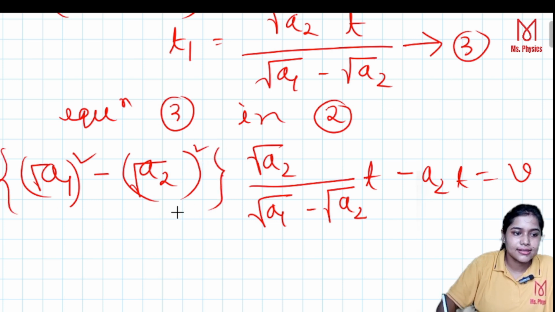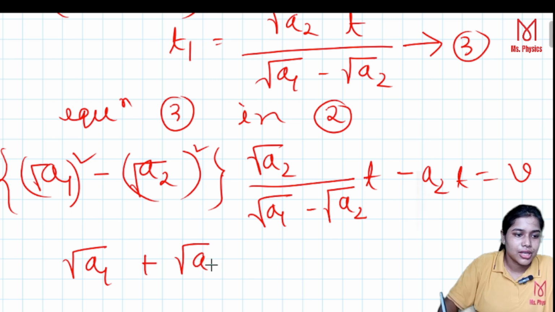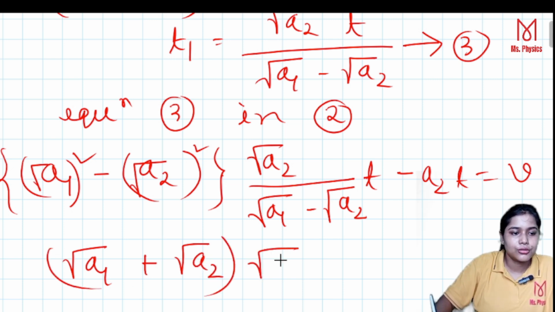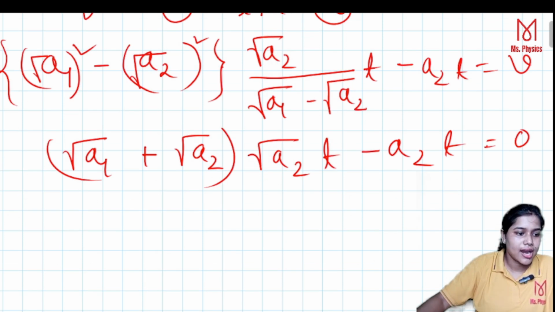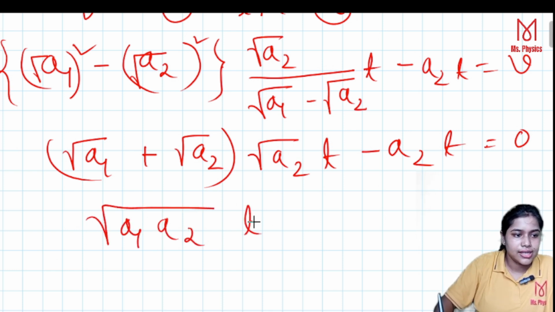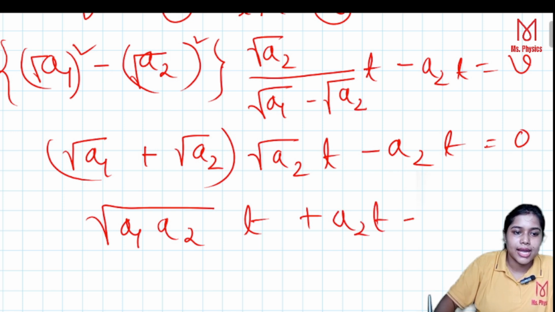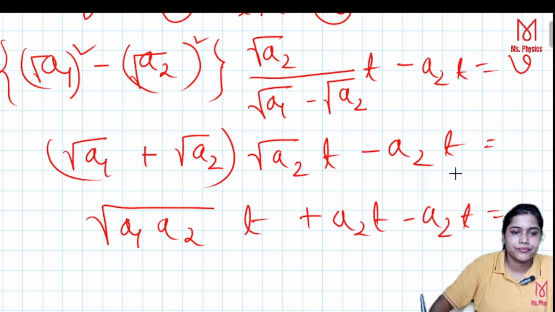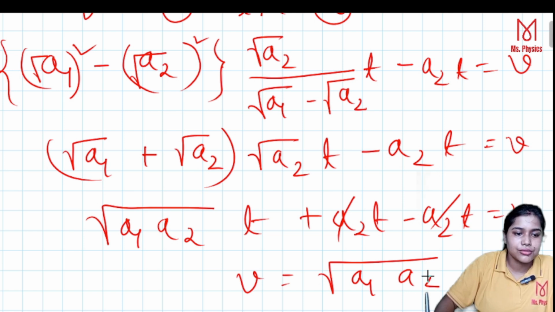Therefore, using a plus b multiplied with a minus b, ultimately we get under root a1 plus under root a2 times under root a2 t minus a2 t is equal to v. So here we get under root a1 a2 t plus a2 t minus a2 t is equal to v. So v is equal to under root a1 a2 t.